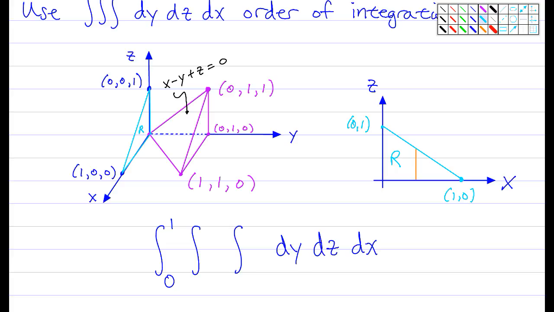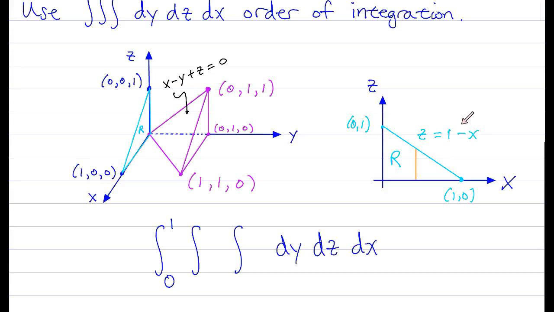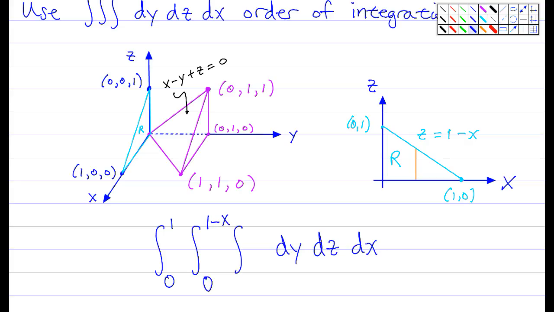This is just z equals 1 minus x. So for our z bounds, z goes from 0 to 1 minus x. Those two integrals define our region R.